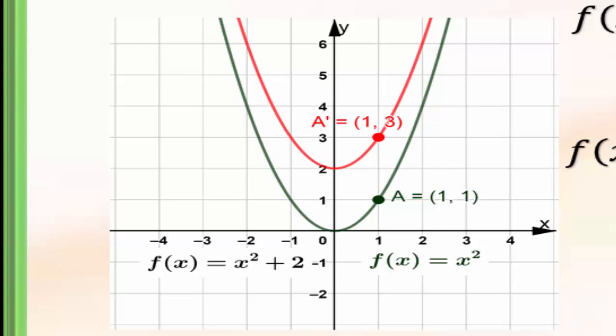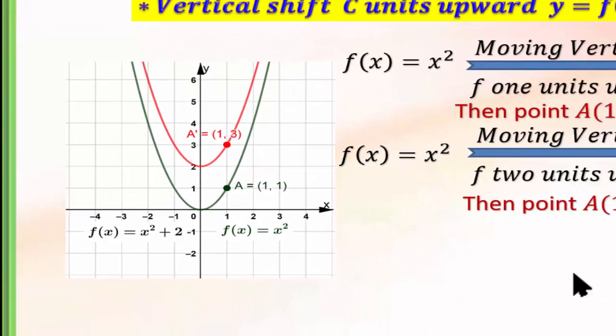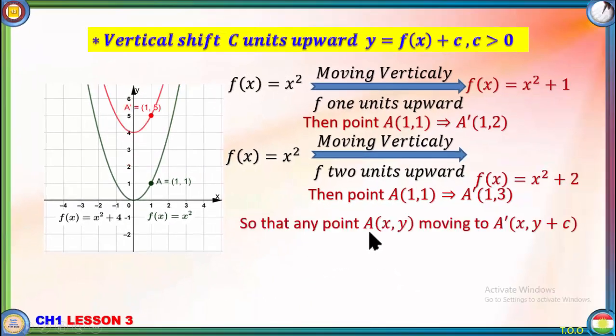Any point like A(x, y) moves to A'(x, y plus c). Here the value of y is changed. In this case we add the value of c to the y.